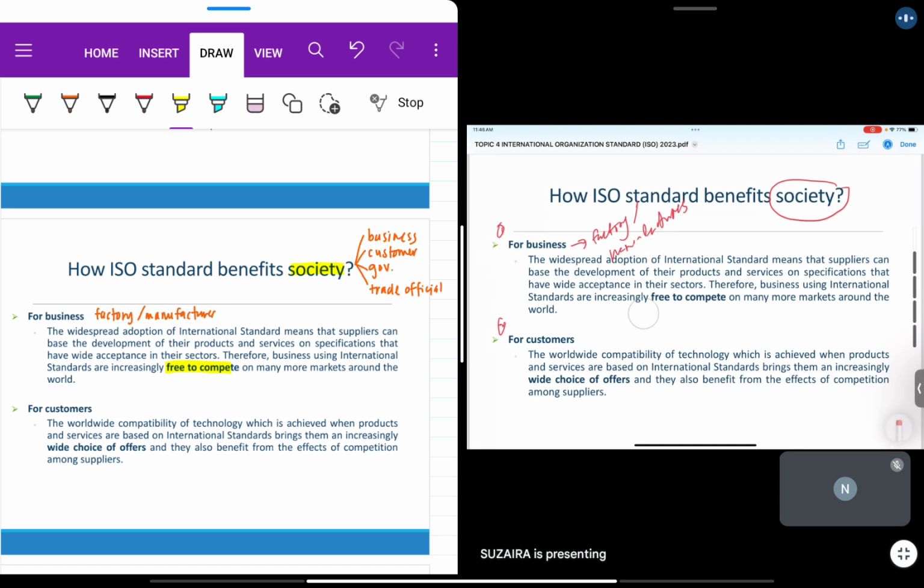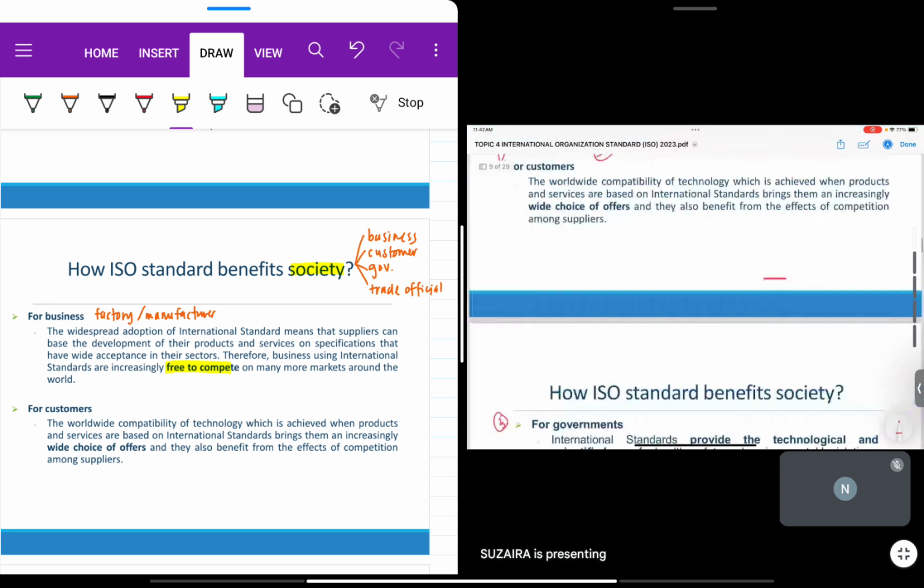So from the businesses, it will reflect to the customer, meaning the customer will have a wider choice of the product, and it depends on their preference whether they want to choose company A or company B, product A or product B. Because we have a safeguard, the customers know that the products are already safe and they can have a better choice or a wider choice.